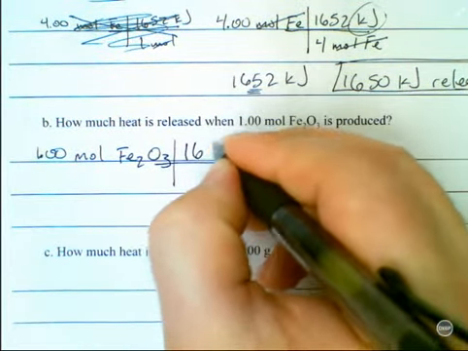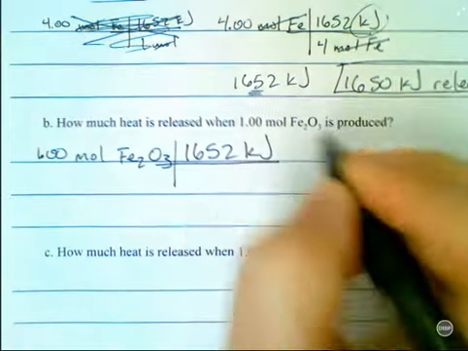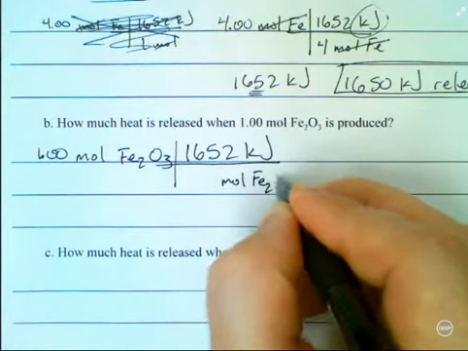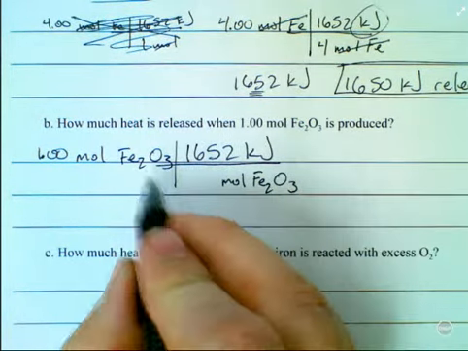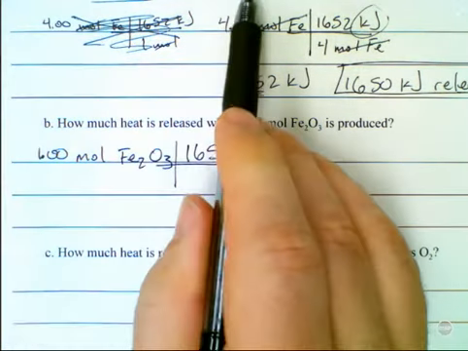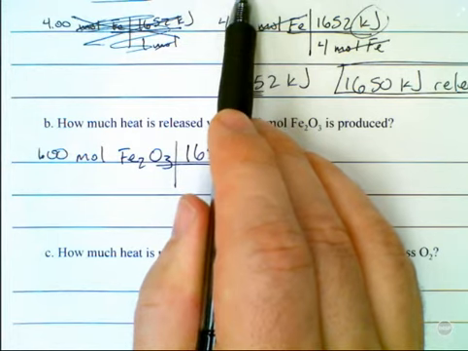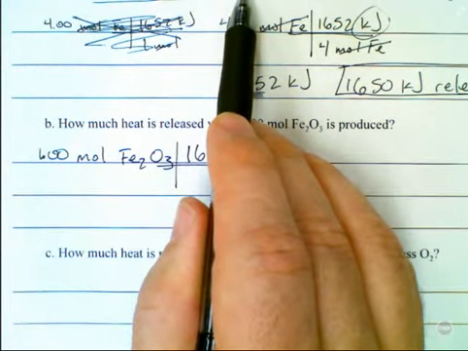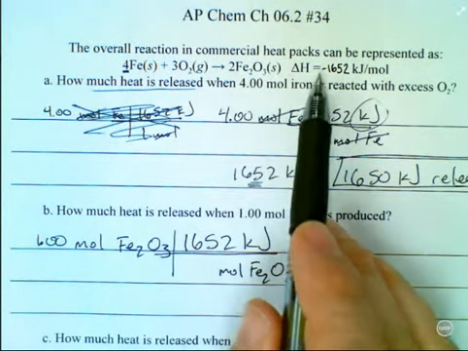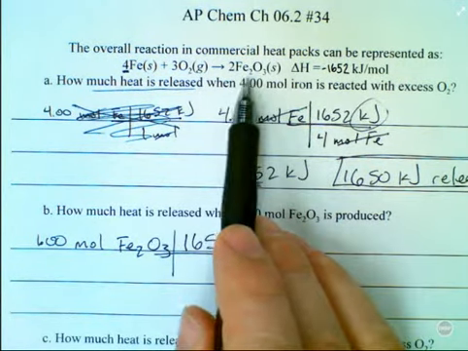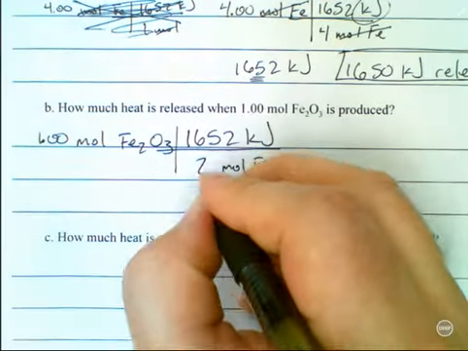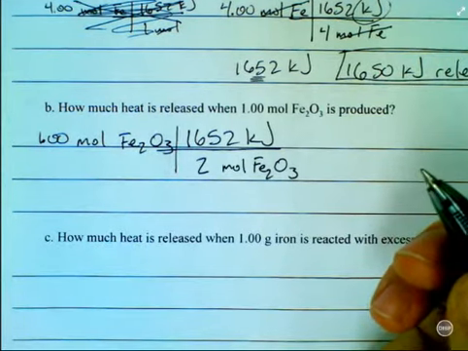Still using 1652 kilojoules, but I need to have moles of Fe2O3 on the bottom so that they can cancel out. And how many moles of Fe2O3 am I involving here? It's for every 2 moles that are being produced according to my balanced chemical equation up here. You get this amount of energy per 2 moles of Fe2O3 produced. So I have to have a 2 in the denominator here.